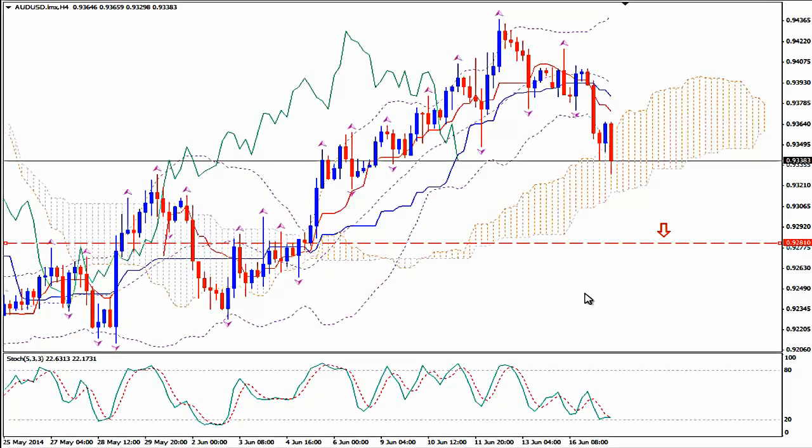This minimizes our profits depending on the pair's mood, and because the main trend is upward, we shouldn't use this Kumo breakout to Kumo breakout trade. We should use it when we enter with the trend. Now we enter against the trend, so I don't advise you to use it. But this is another approach.